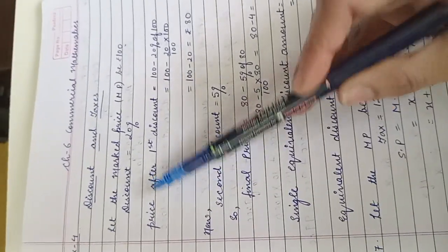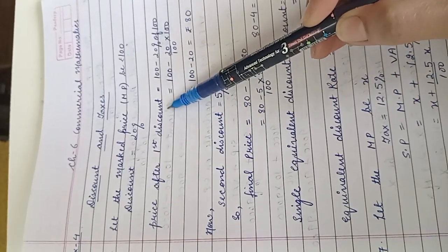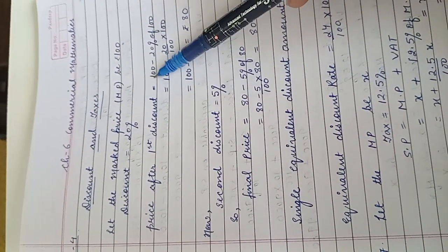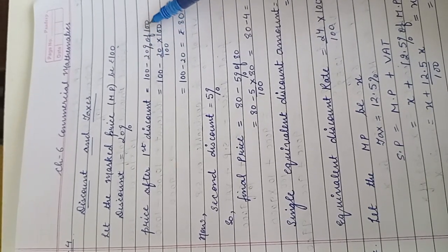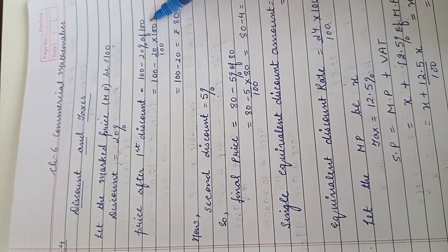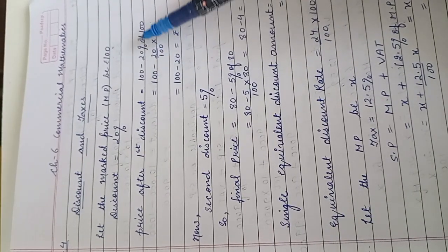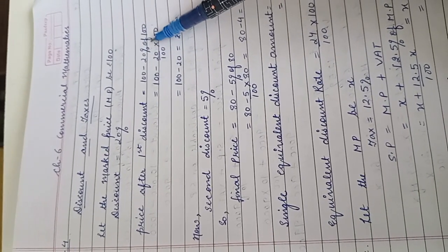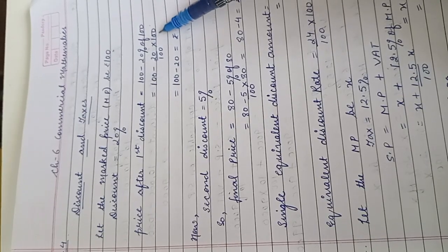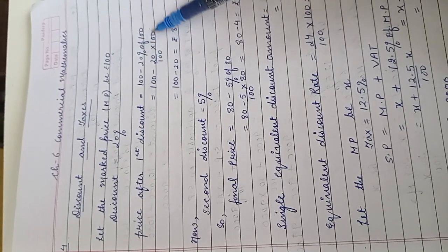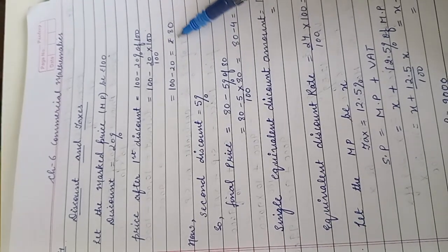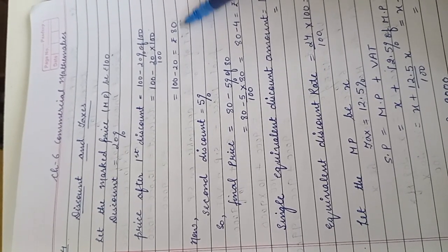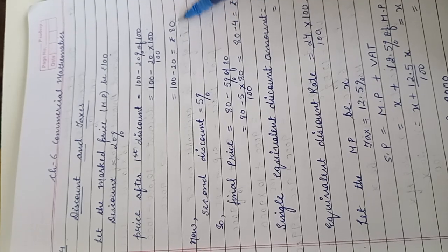Now the price after first discount, that is MP 100 minus 20% of marked price, that is 100. Okay, so 100 minus 20 upon 100 multiplied by 100. We can cancel this 100. Yes, so it will be 100 minus 20, which is rupees 80. So this was the price after first discount.